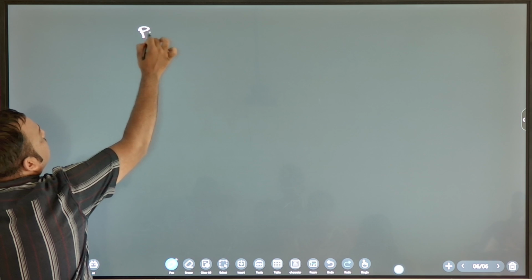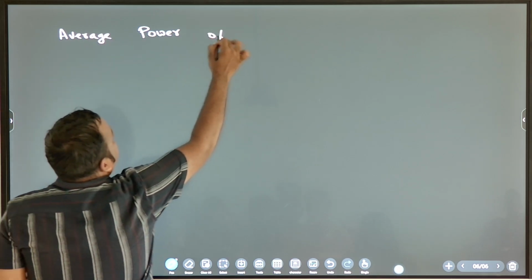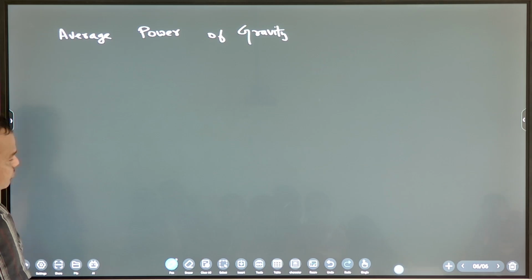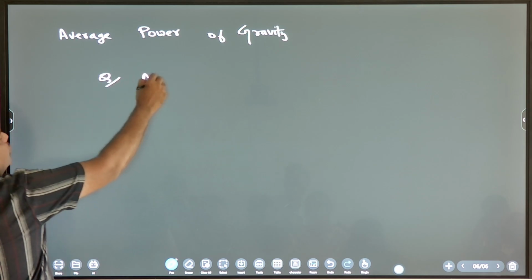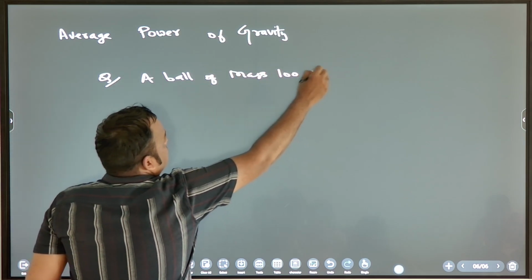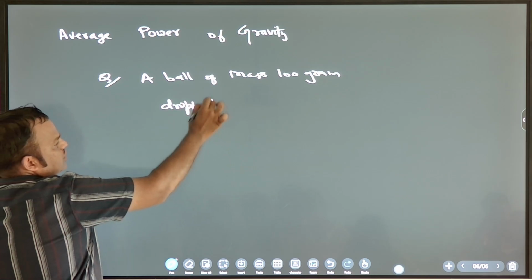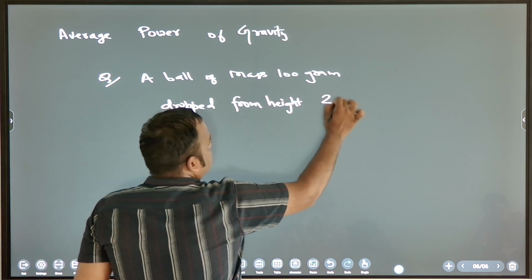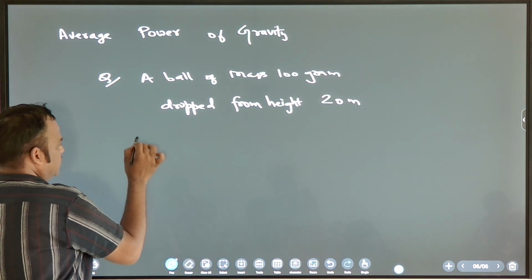Okay, next we'll do some more questions. Let's do power of gravity. Note down, average power of gravity. A ball of mass 100 gram is dropped from a height of 20 meter.